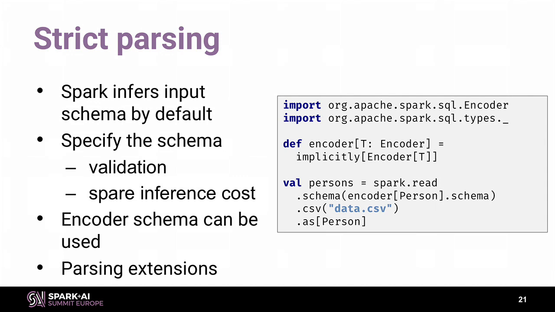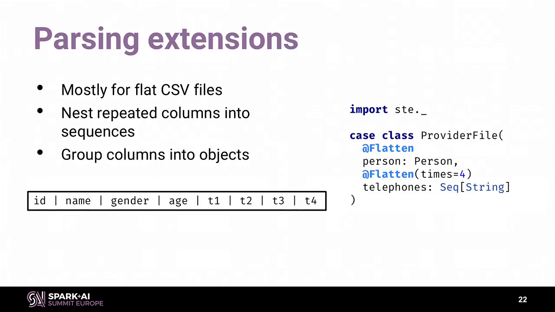But oftentimes we found out that we do not want to model the shape of a flat CSV file. A lot of times they have nested information or repeating information encoded in them, because you cannot encode nested structures into CSV. So we added this extension.